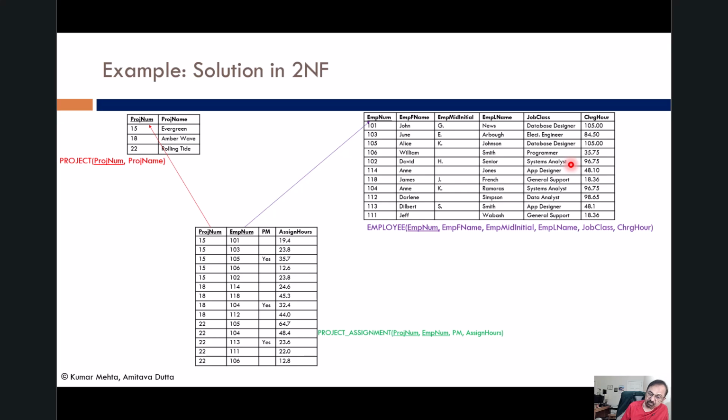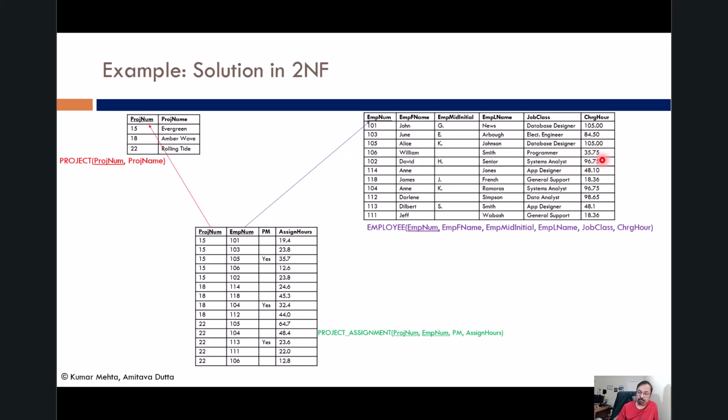Let's say I want to add a new employee. That's not a problem. I will know the name and the number of the employee: the first name, middle initial, and last name. I may not know the job class of the employee. Let's say we just hired the employee and haven't assigned them to be a database designer or a programmer or an application designer, so I don't know either of these two values.